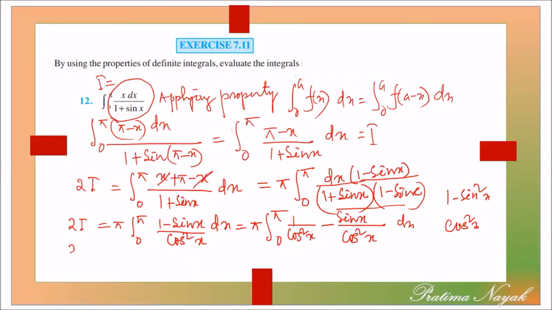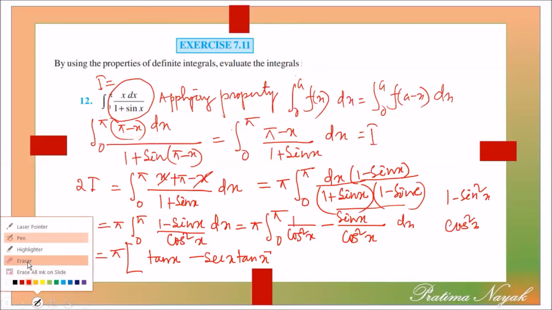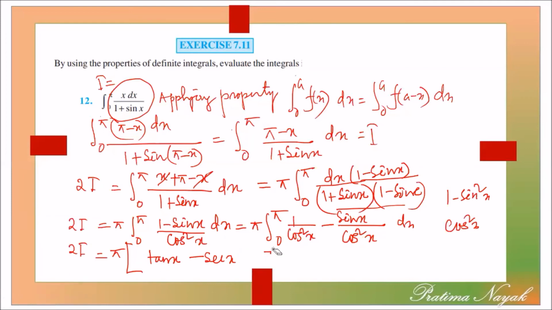So the first one will become pi into sec square x. Sec square x integration is tan x, minus, this will be sin x by cos x into 1 by cos x. So this will be sec x into tan x. Sec x into tan x integration is only sec x.